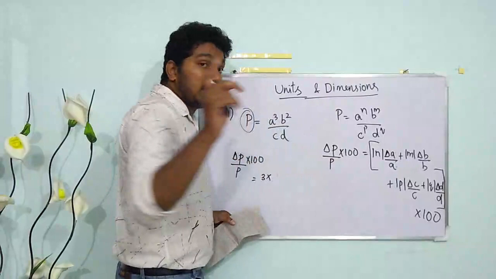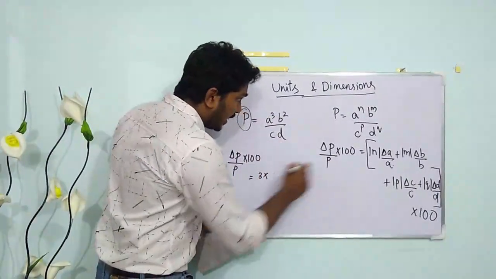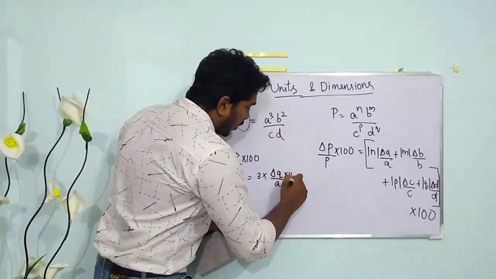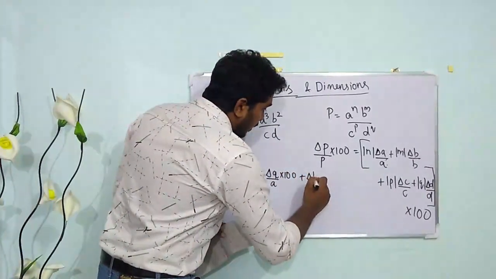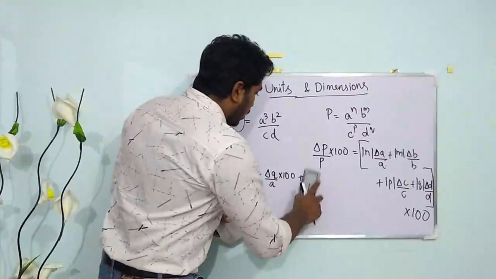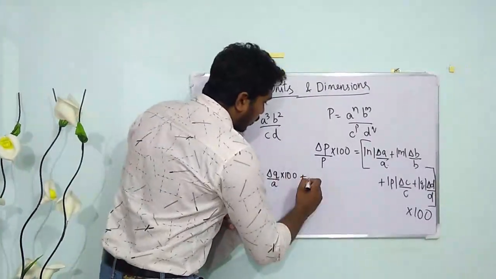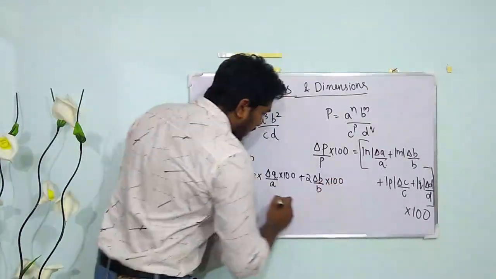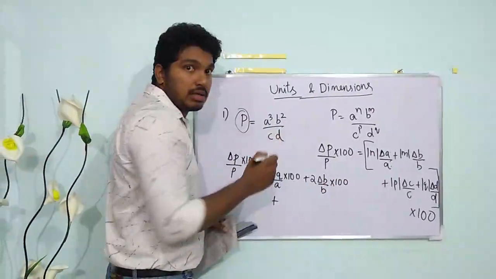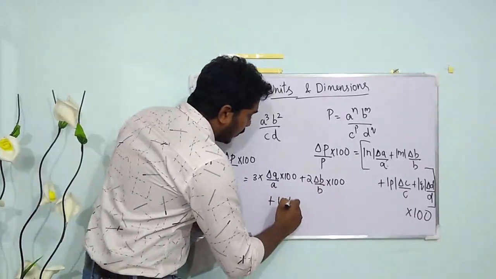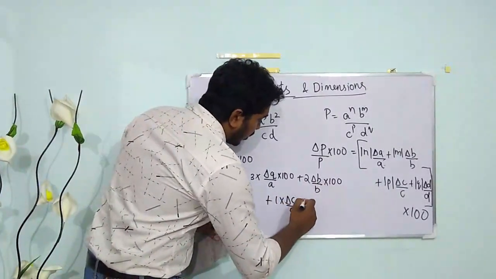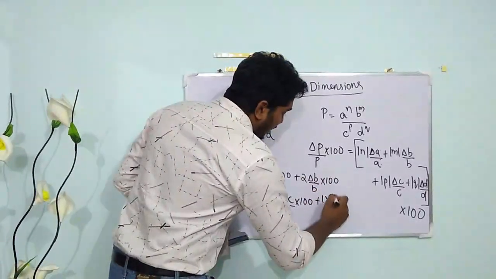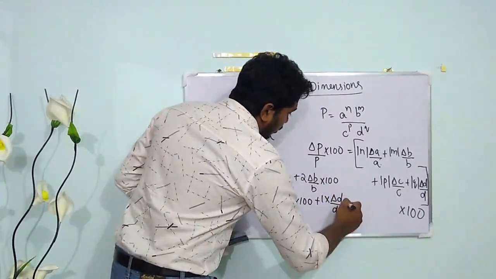So we can write the percentage error in A, delta A by A into 100, plus the power of B is 2, so 2 into delta B by B into 100, plus the power of C is 1, so 1 into delta C by C into 100, plus the power of D is 1, so 1 into delta D by D into 100.